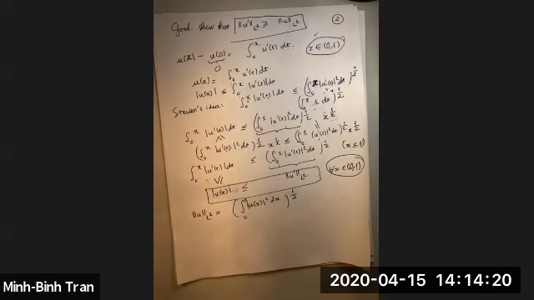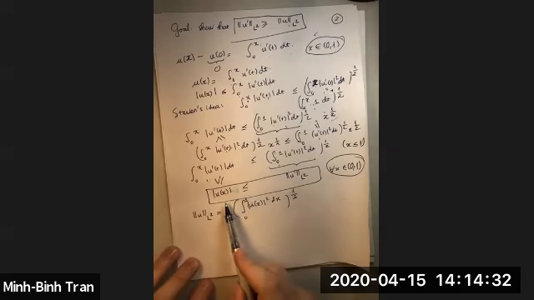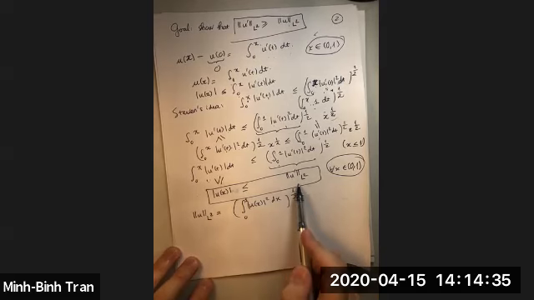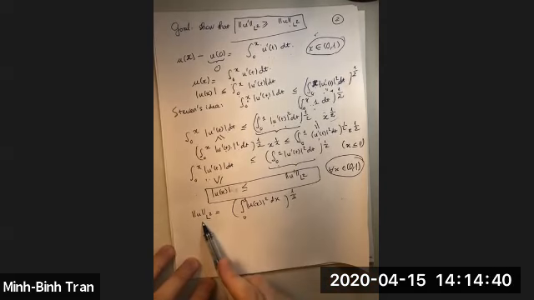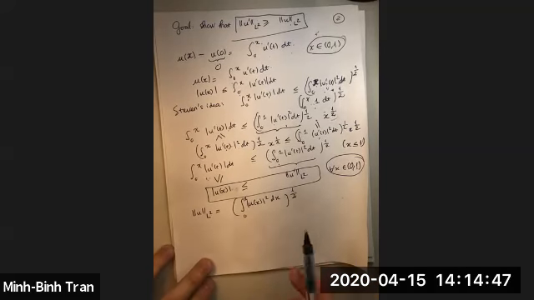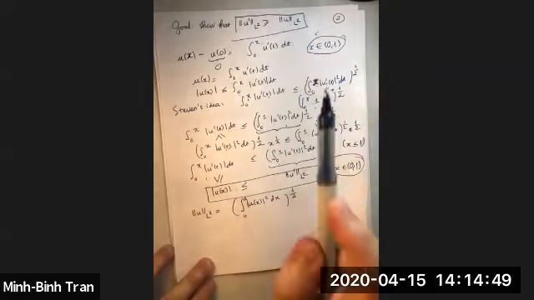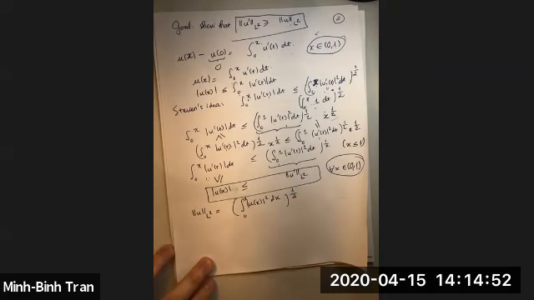So how can I show that the L2 norm of u is smaller than the L2 norm of u'? I have just proved that |u(x)| is smaller than the L2 norm of u'. This is true for all x that I want. Now the L2 norm of u is the integral from 0 to 1 of u(x) squared dx, to the power 1/2. So how can I go from here to here? You just have to plug this inequality inside.